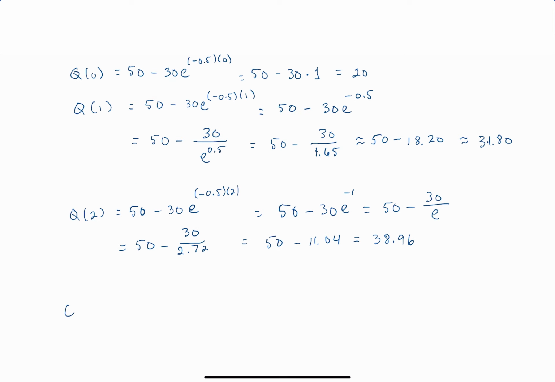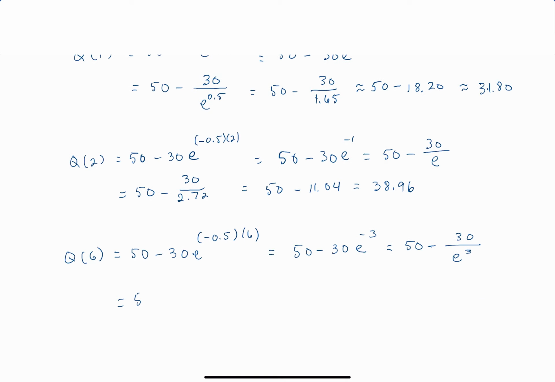Let's look at Q of 6 now. Now we have 50 minus 30 e to the minus 0.5 times 6. Now 0.5 times 6 is half of 6, so that's 3. So we have 50 minus 30 e to the negative 3, which is the same thing as 50 minus 30 over e cubed.